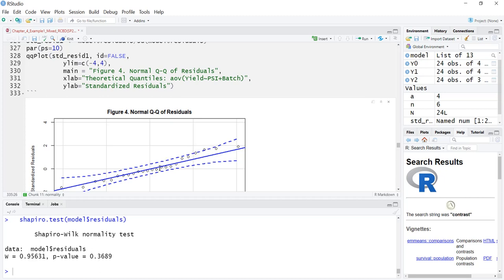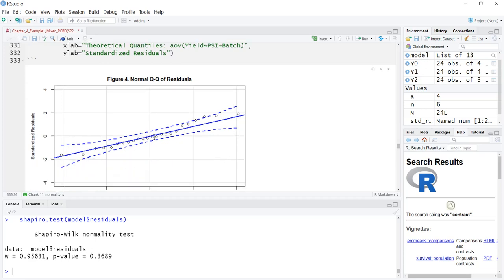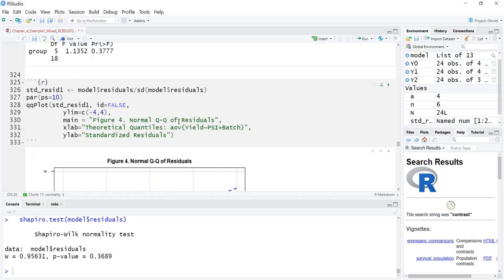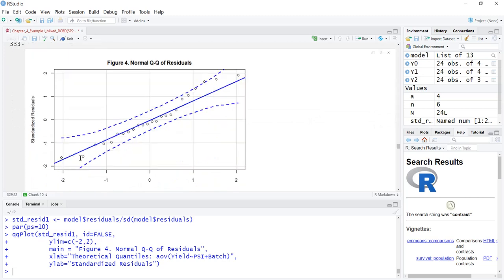But a lot of these points in the center are real close to the line, and look how narrow this 95% band is. I could change this to 2 to 2, -2 and +2, and that's my y. And what happens is it gets harder to see what's going on.